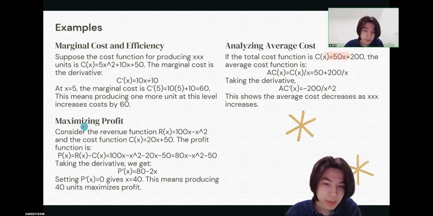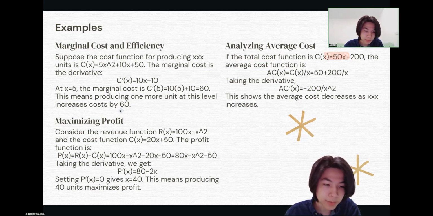The second one is maximizing profit. Consider the revenue function R of x equals 100 times x minus x squared, and the cost function C of x equals 20 times x plus 50. The profit function is defined as profit of x equals R of x minus C of x, which simplifies to 80 times x minus x squared minus 50.